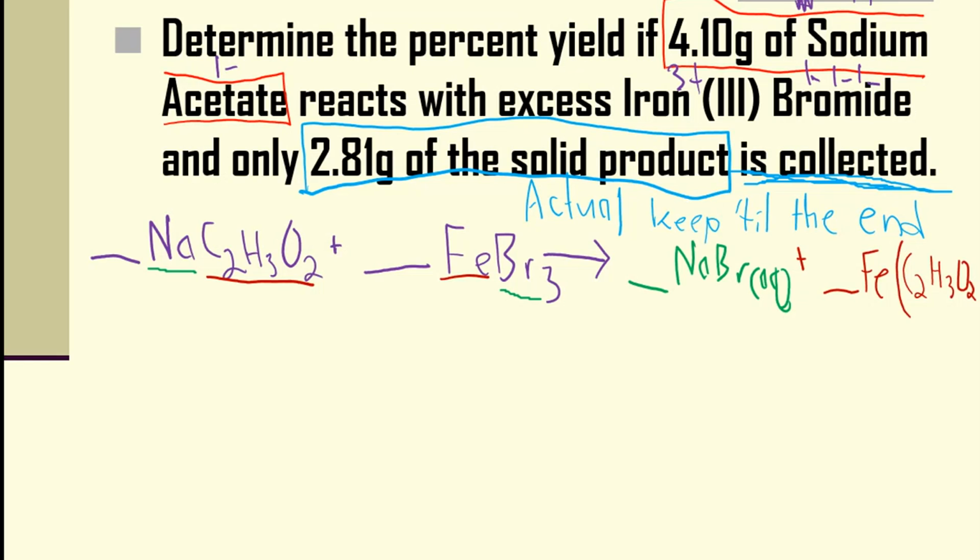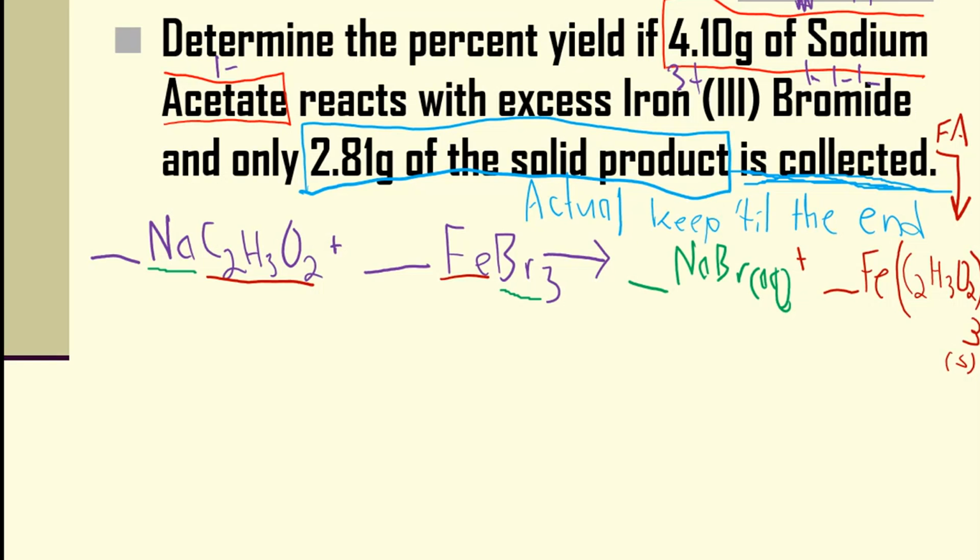But acetate only has a charge of -1, as I saw earlier, so that means I'm going to need 3 of these. So, 3. Now that I've got this, I got to check, what is the phase of this? Well, iron 3 acetate is actually a solid. So this here is my solid product collected. It's going to be my iron acetate.